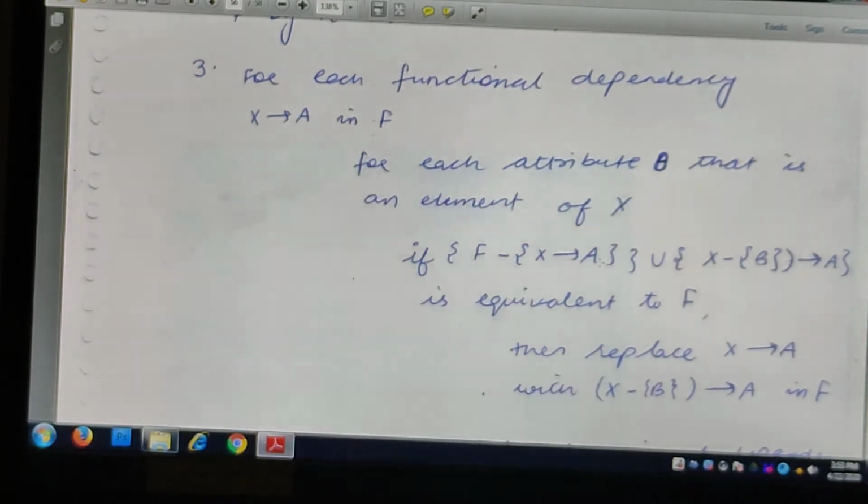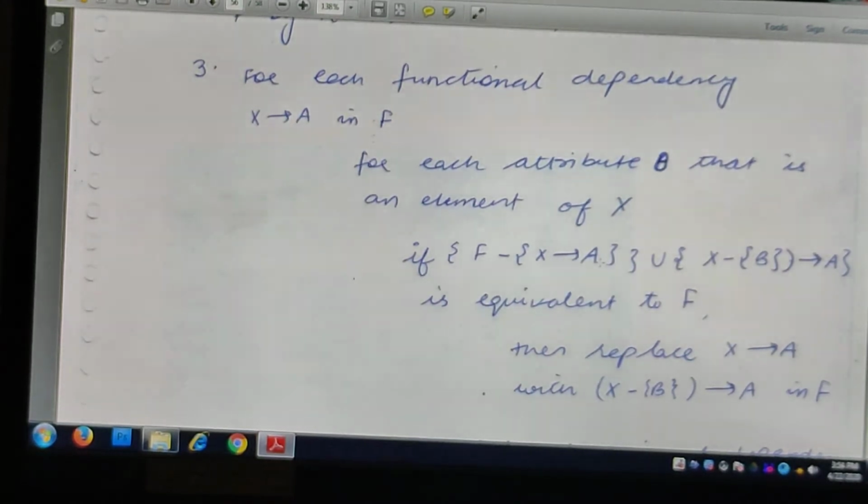Suppose the left side of my functional dependency is BD and the right side is A. Suppose the functional dependency is BD to A. The algorithm says you remove BD to A from my set of functional dependencies and now you add D to A. It means I have removed the attribute B from BD to A.